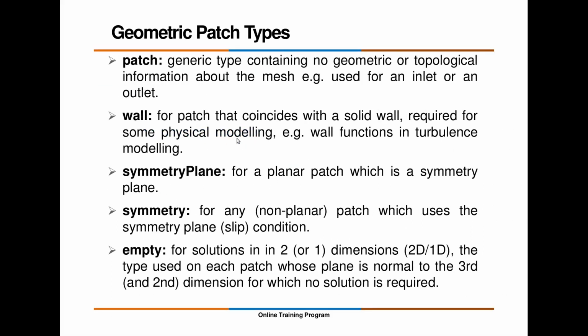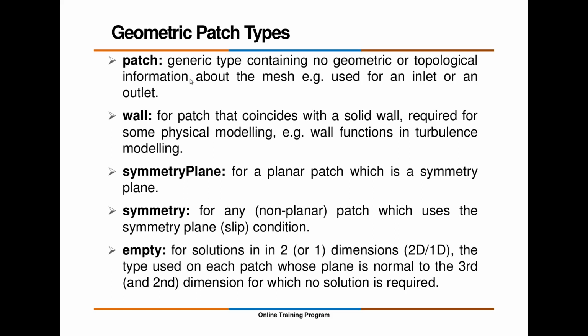Now geometrical patch type, or base type, we look at. We have certain options like patch, a generic type containing no geometrical or topological information about the mesh, used for inlet or outlet type planes. So patch type is not directly attached to the geometrical configuration.